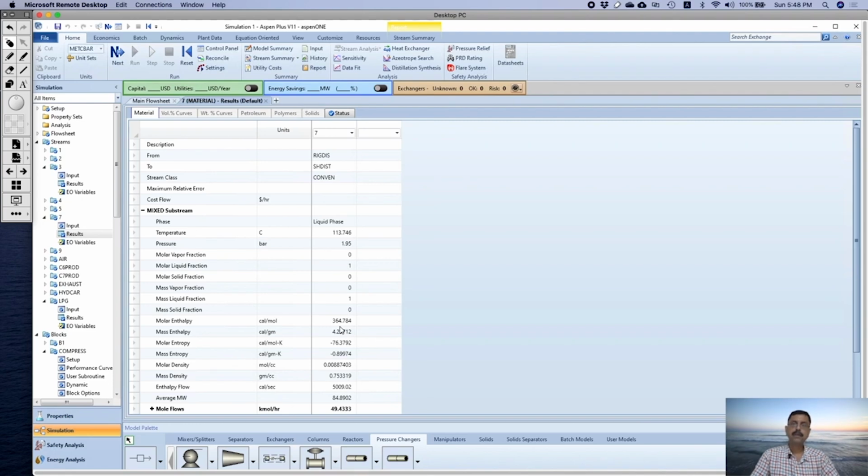Okay. So the opposite thing will happen if the reflux ratio is increased.